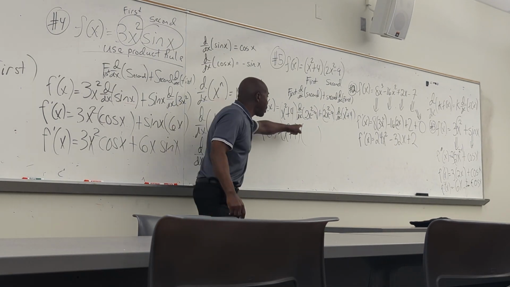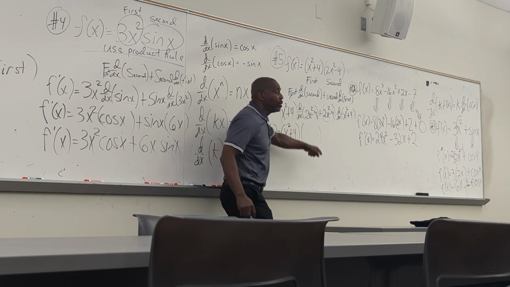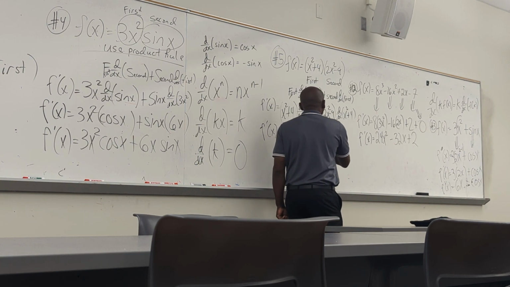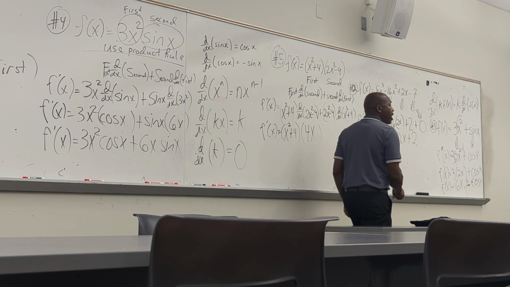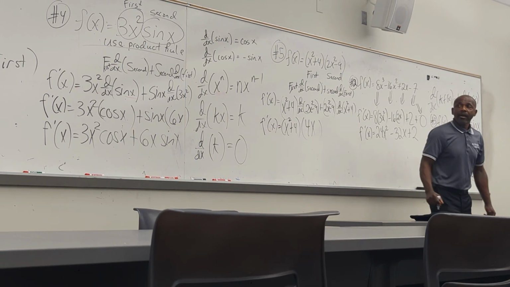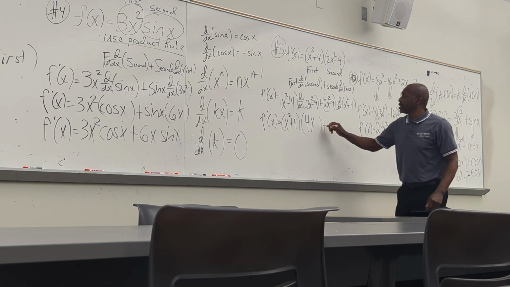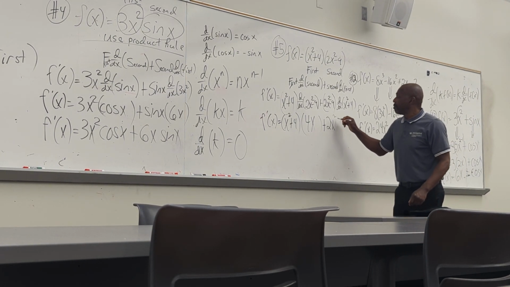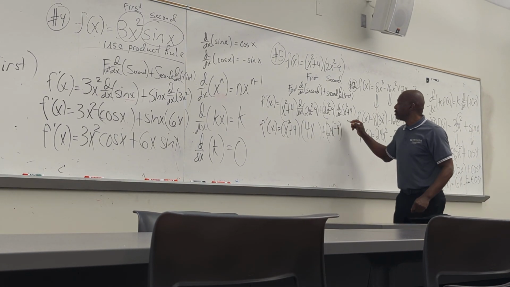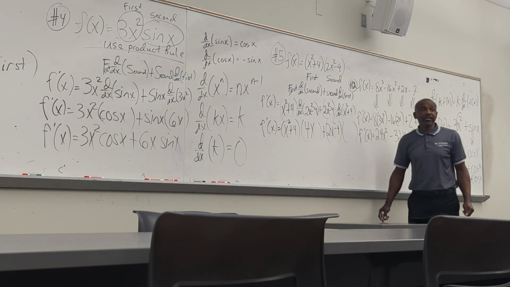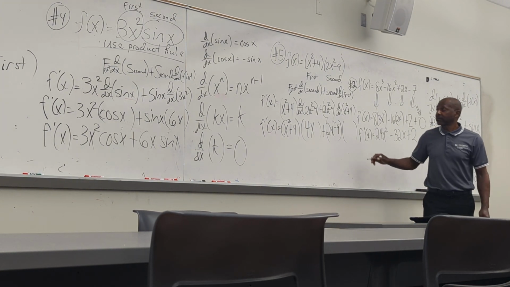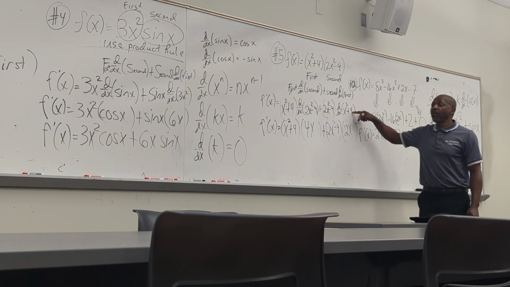What's the derivative of 2x squared? 4x. Do you understand why this is 4x? And what's the derivative of 9? 0. And there we got plus 2x squared minus 9. Now what's the derivative of x squared? 2x. What's the derivative of 4? 0.